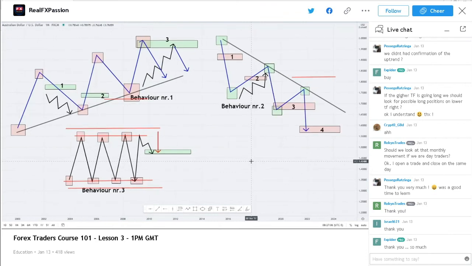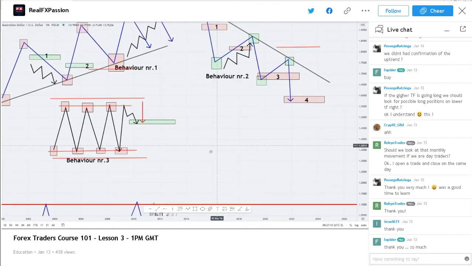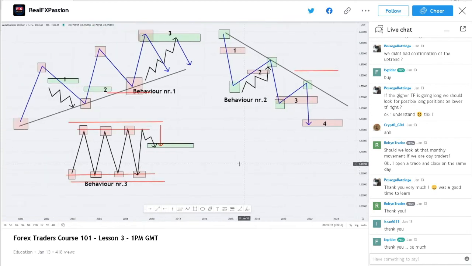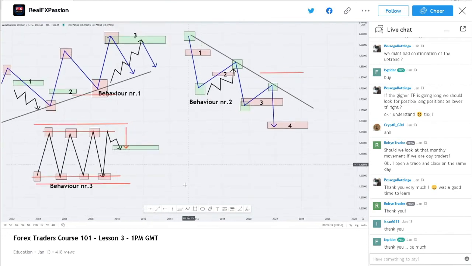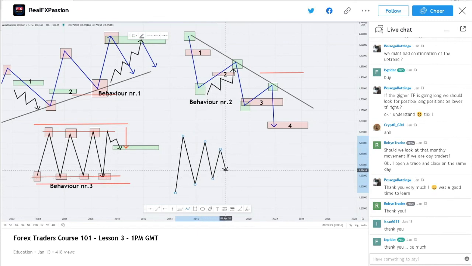Great job, everybody. Now let's talk about the two behaviors that are not suitable for the beginner trader to trade. So one behavior is like this: it's making lower highs and it's making higher lows.